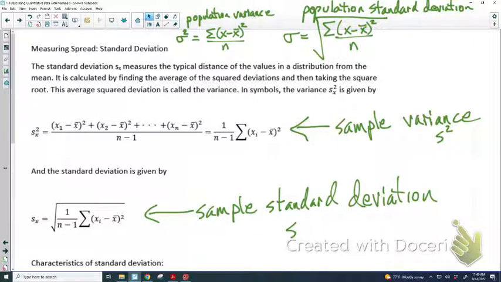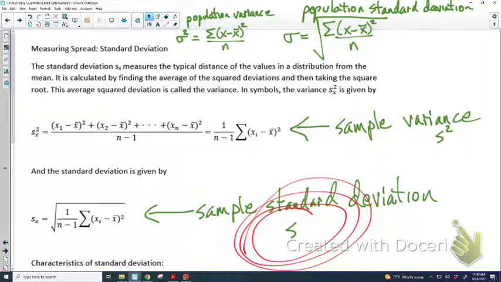So it is important to realize that sigma, this right here, is the population standard deviation. That could come up, but in terms of value and what you're going to use on your calculator, you'll always use S.